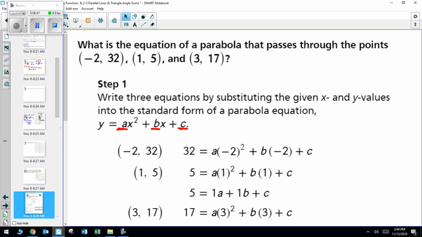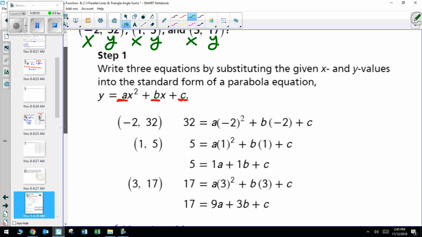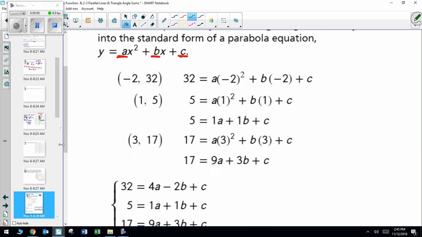So if I plug in my given x, y, so remember, if I'm given 3 points, I'm given an x and a y, an x and a y, and another x and a y. I can plug these into my equation 3 different times and simplify.